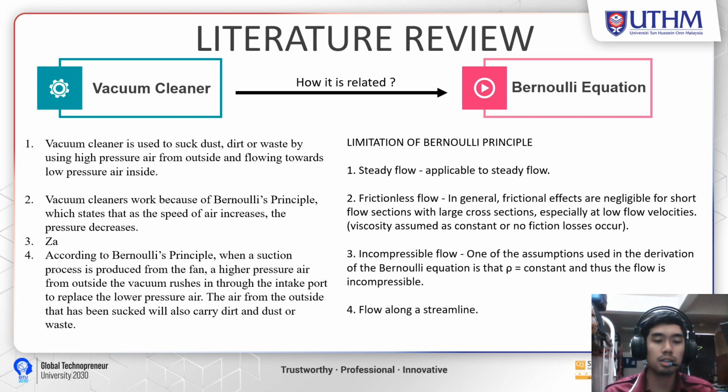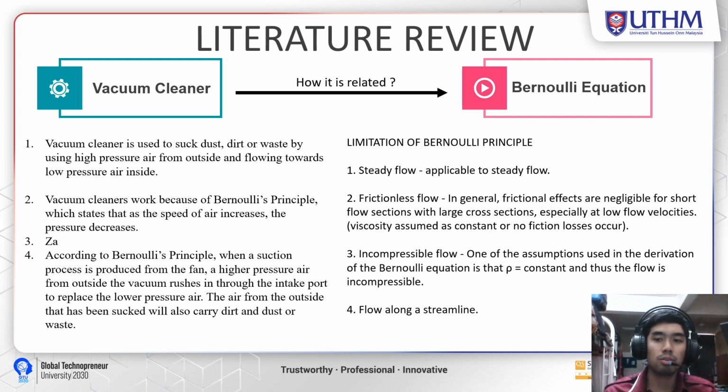When a suction process is produced by the fan of the vacuum cleaner, higher pressure air from outside the vacuum rushes in through the intake port to replace the lower pressure air, and then the air from the outside that has been sucked in will also carry dirt, dust or waste.